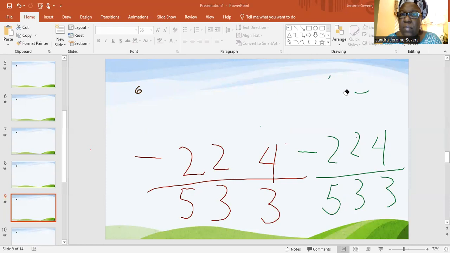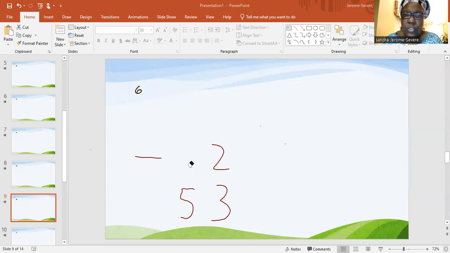Let me see if I find one more that is different I didn't do yet. Make sure you have your pencil. Make sure you're writing everything. Do not write with a pen, because when you make a mistake with a pen, you cannot fix it. But if you make a mistake with a pencil, oh yeah, you could fix that.